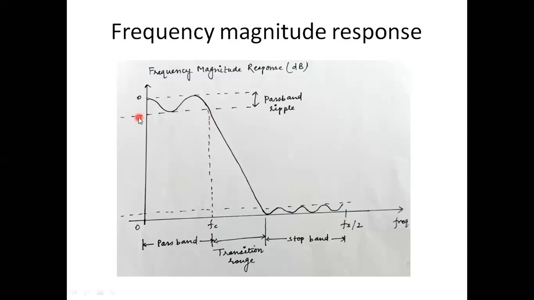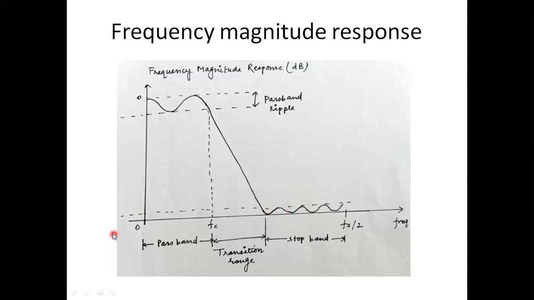Now from here to here, this region is your stop band attenuation or stop band gain, and corresponding to stop band gain or attenuation, we will be having the stop band frequency, f stop. So clear? So this is your f stop.